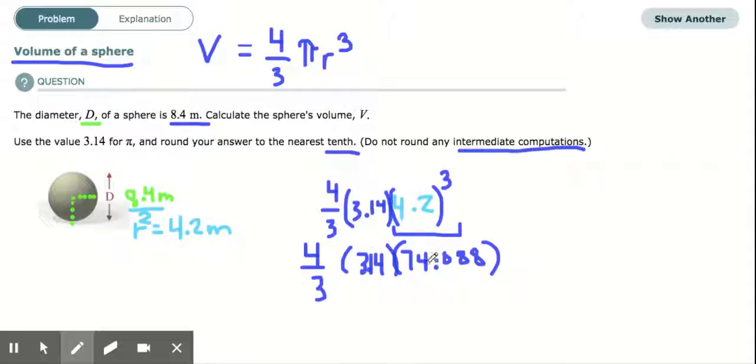Now, all of this is actually just multiplication or division, right? Because you're just multiplying all three of these things, and this fraction is just like division. So I would probably multiply these two first, since I already have my 74.088 in my calculator.